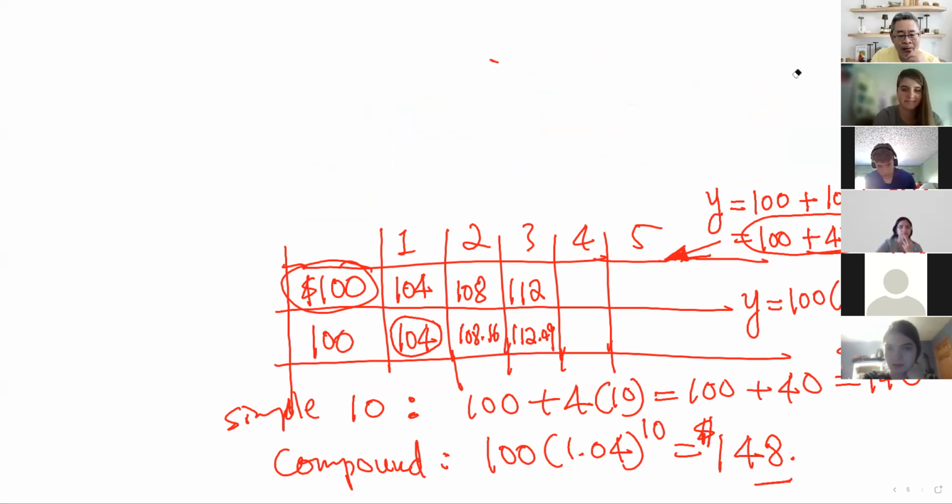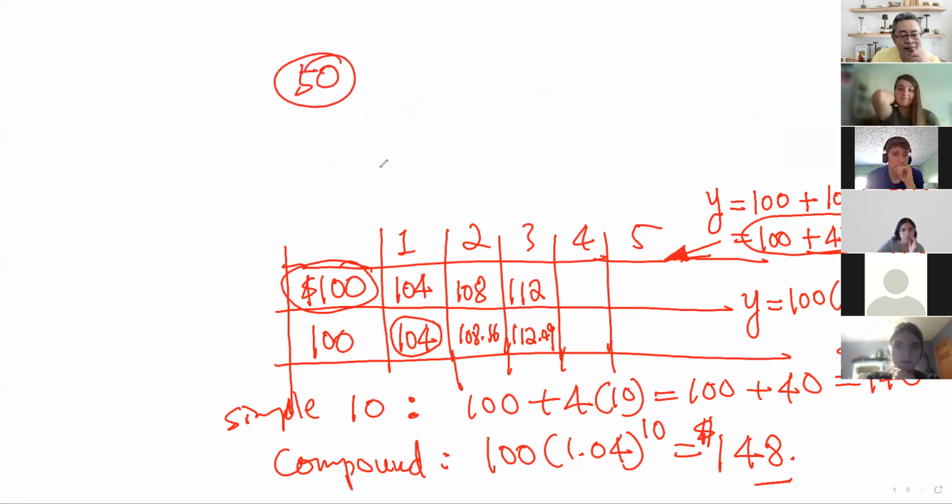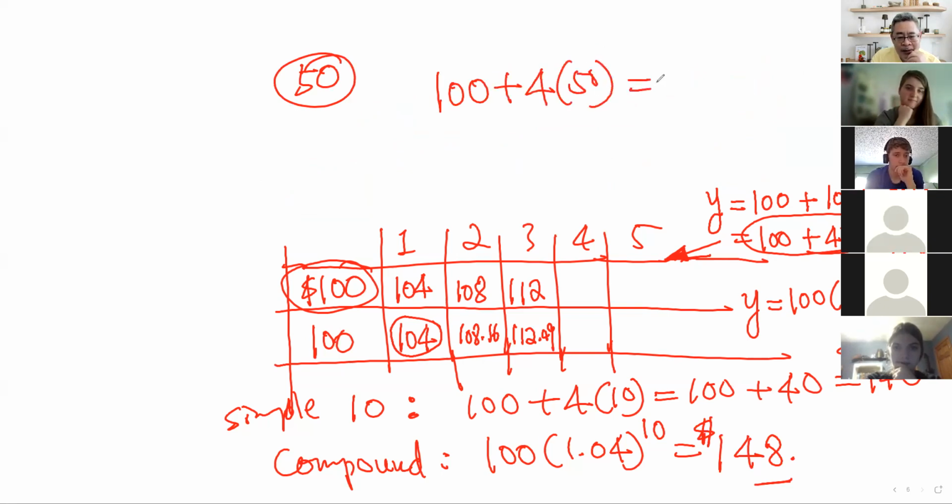Now, when you put $100 into the bank for your retirement, when do you expect to take it out? How many years? When I'm 60, so maybe 50 years. For 50 years, simple interest is 100 plus 4 times 50, that's 100 plus 200, 300. Not too bad, right?